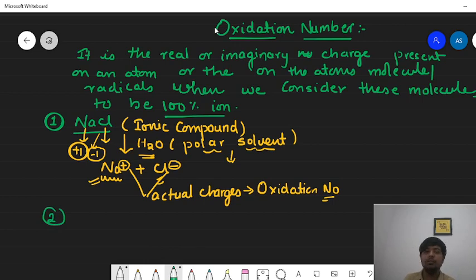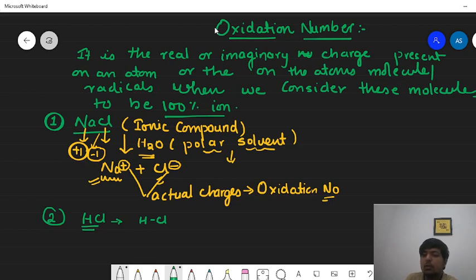Because there are chances that there are no charges on the atoms present in a molecule. For example, if we talk about HCl, and we want to know the charges on H and Cl, they are not present over there. Why? Because they form a covalent bond, where hydrogen shares its one electron and chlorine shares its one electron, leading to the formation of a covalent bond.